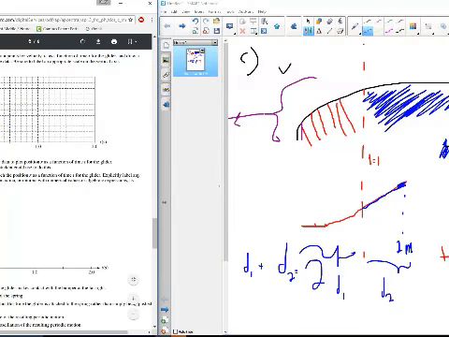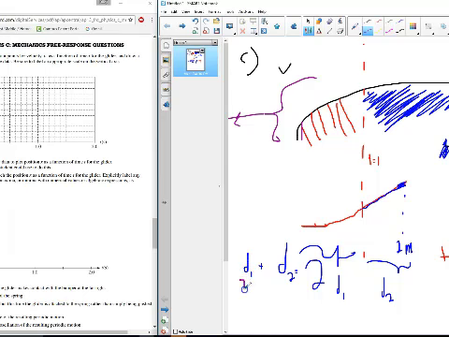If you take the area of those 3 boxes, you're going to get displacement. If you take that from 0 to 1, that gives you the displacement from 0 to 1. So we know D1 is going to be the area of those 3 boxes.